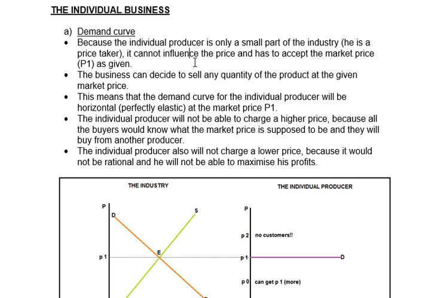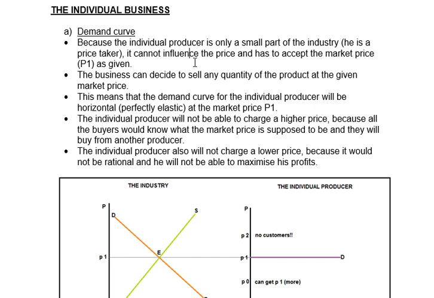Each individual producer represents only a teeny tiny part of the industry. He controls a very, very small part of the market, which means he is a price taker. He is so small that he cannot influence the price at all. He accepts the price as a given.